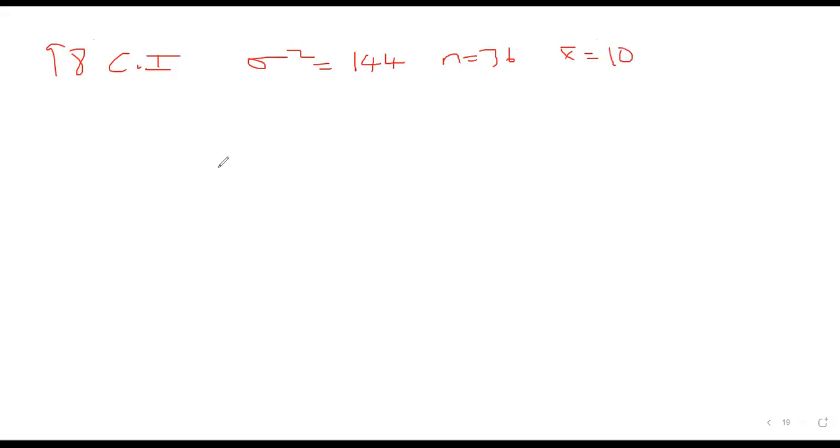So who wants to try that? Mean plus minus z, standard deviation over root n. So our mean is 10 plus minus. If you're given variance, you can simply say z times square root of variance over n, and it's correct.